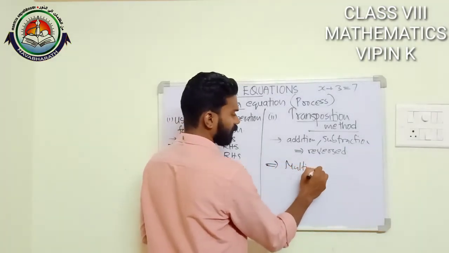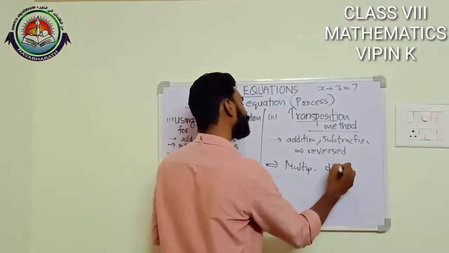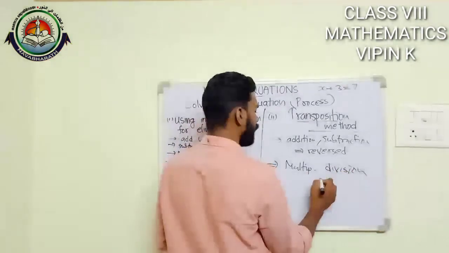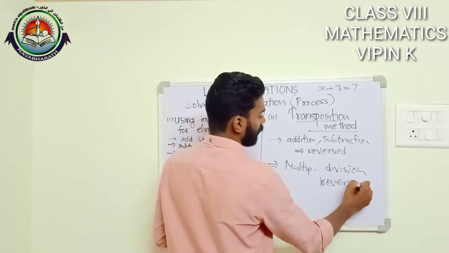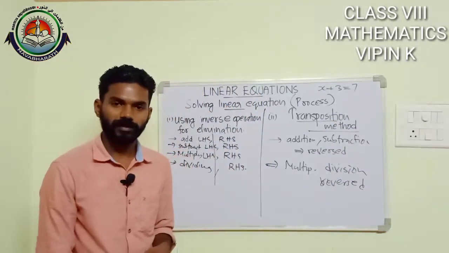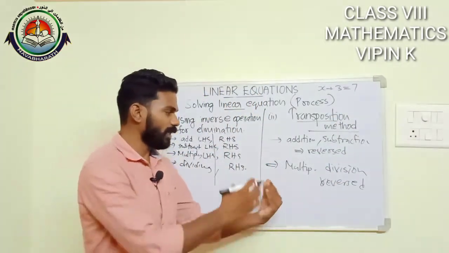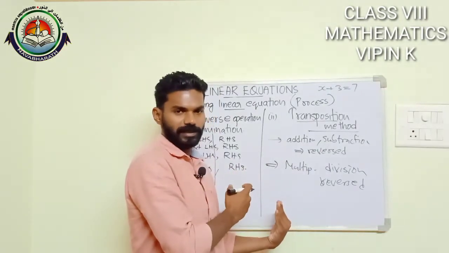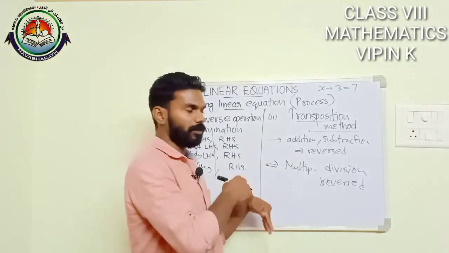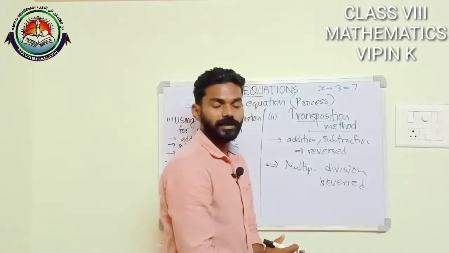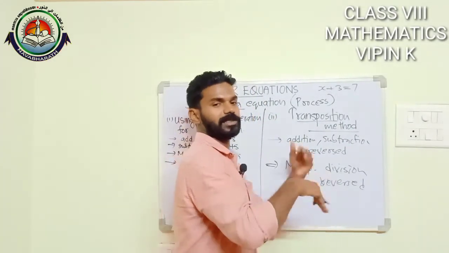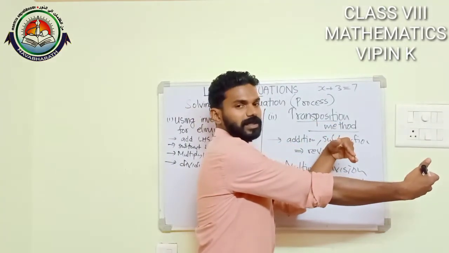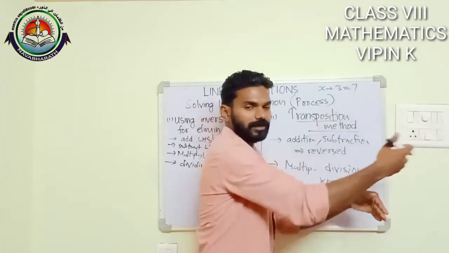multiplication and division operations also get reversed in the case of the transposition method. So a multiplication operation on the LHS, when we carry that operation onto the RHS, would be reversed. Reversed means a multiplication operation would become a division operation on the other side.